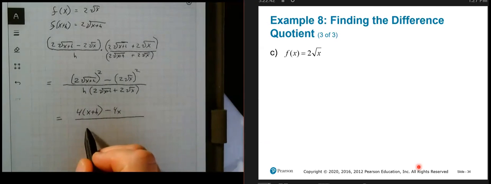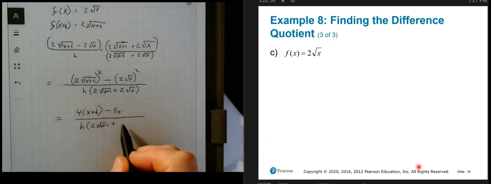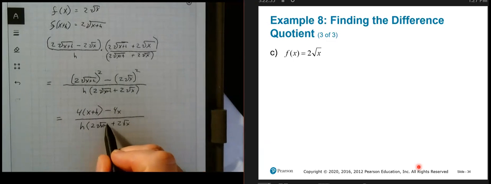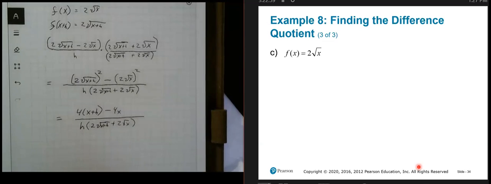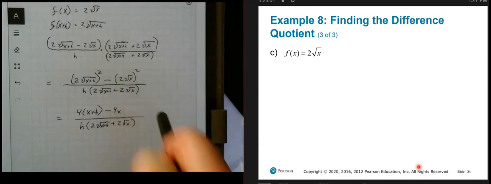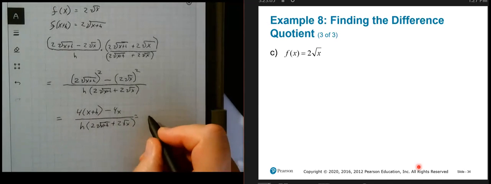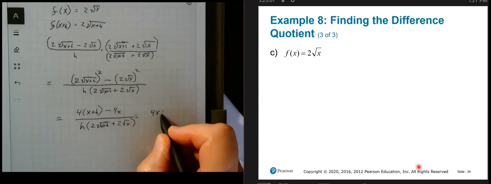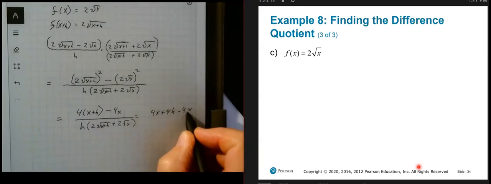And it's still going to be divided by h times 2 times the square root of x plus h plus 2 times the square root of x. Almost forgot the close parentheses again. I do the distributive property in the numerator. So that's going to be 4x plus 4h minus 4x.